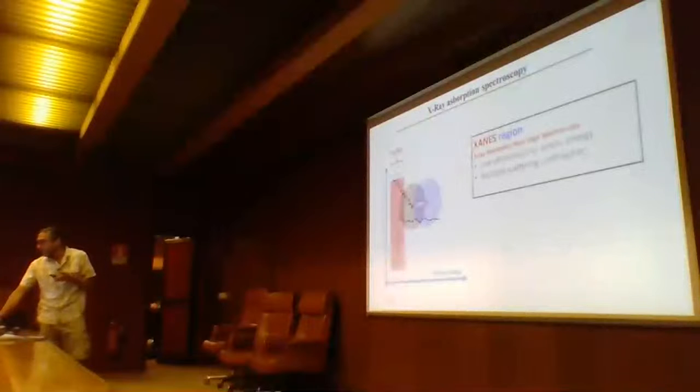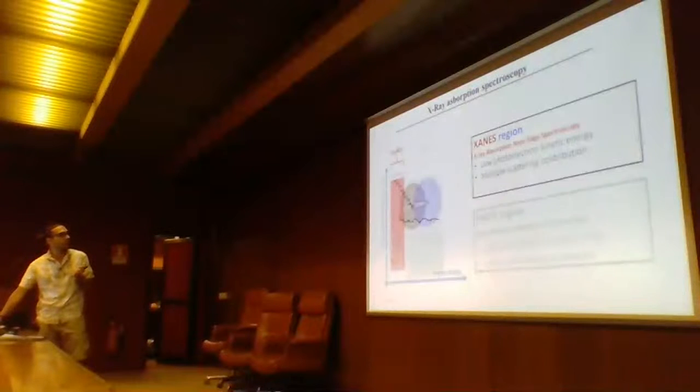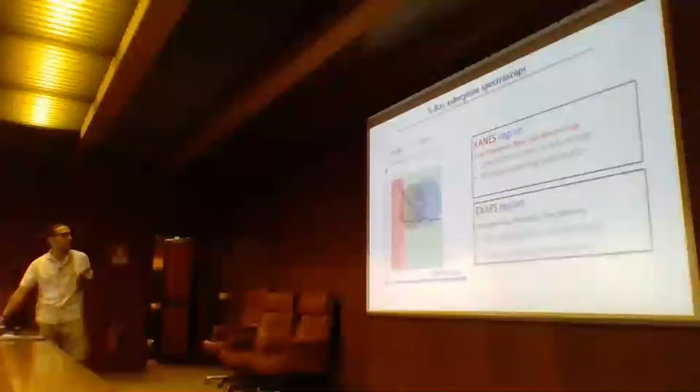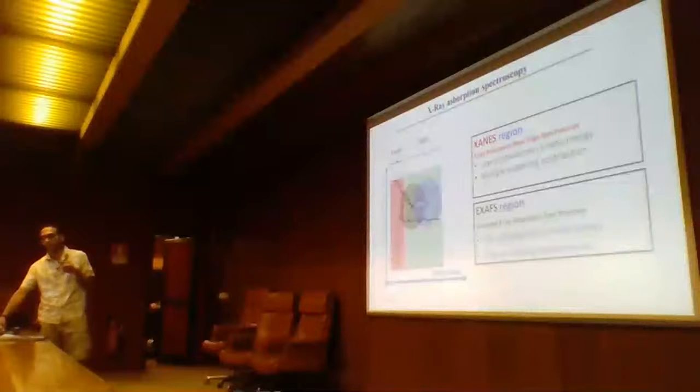The XAS spectrum is typically divided into regions. The first one, where the kinetic energy of the photoelectron is low, is called X-ray absorption near edge structure, while the high energy part of the spectrum is called the extended X-ray absorption fine structure region, in which the kinetic energy of the photoelectron is high. The two regions are usually analyzed independently, and the information we can get from each is different.